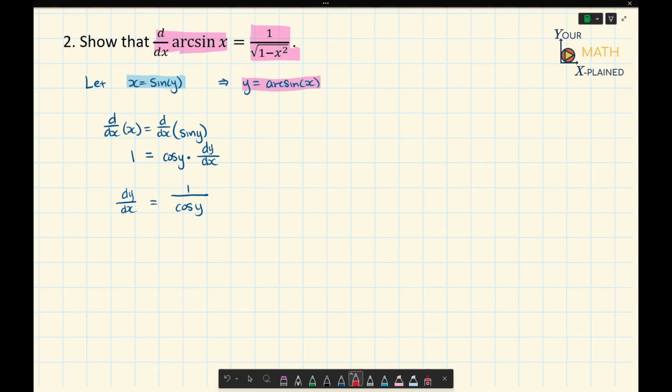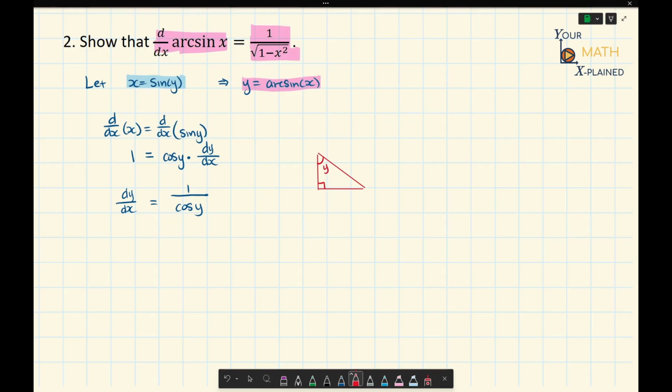The way that I'm going to show you is using a right angle triangle. So if we have a right angle triangle, now notice that we have x is equal to sine y. So that means if we have our right angle triangle here, and then let's call this angle y, sine y is equal to x, which means that opposite over hypotenuse is going to be equal to x.